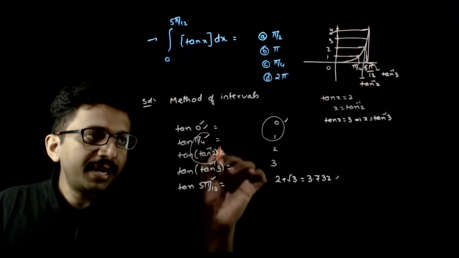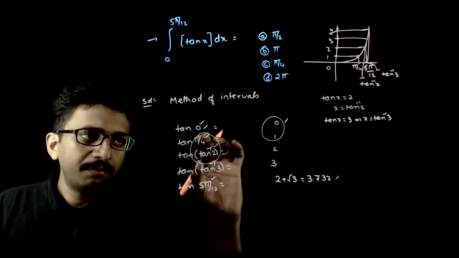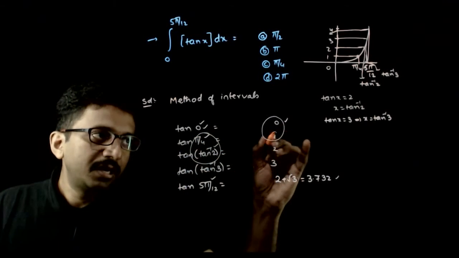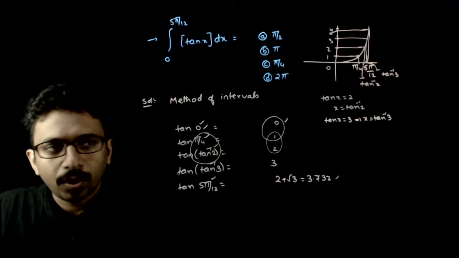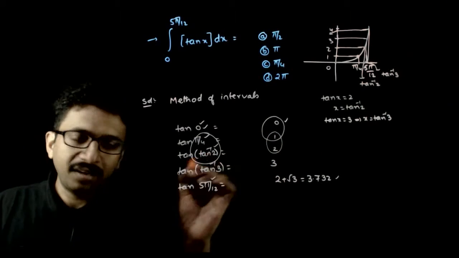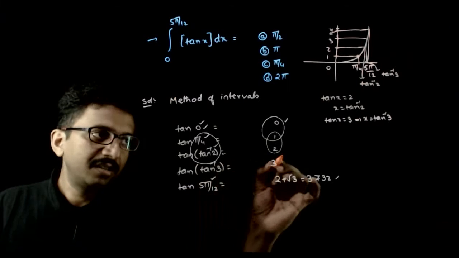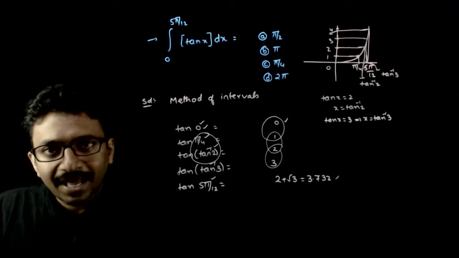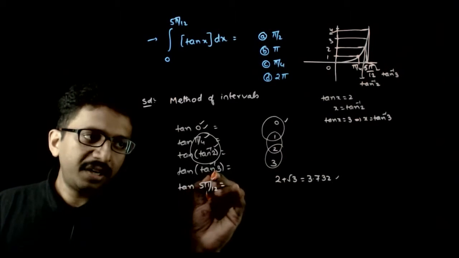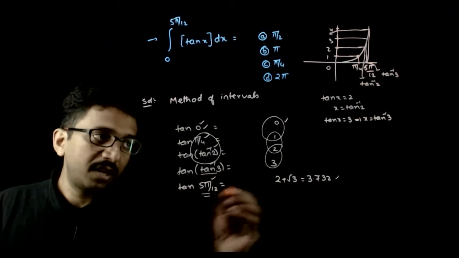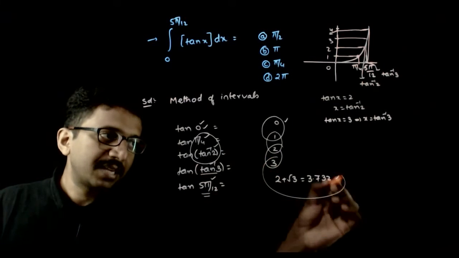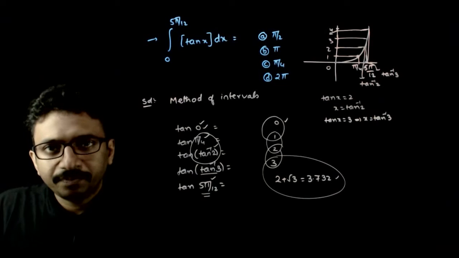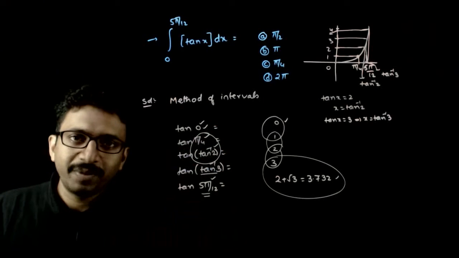Between π/4 and tan inverse 2, tan x lies between 1 and 2. Between tan inverse 2 and tan inverse 3, tan x lies between 2 and 3. Between tan inverse 3 and 5π/12, tan x lies between 3 and 3.732. This is how we split it.